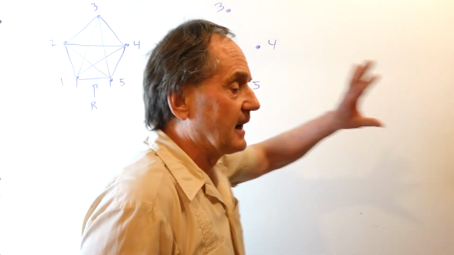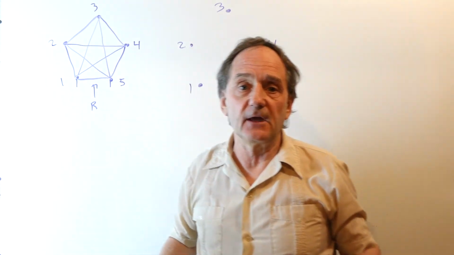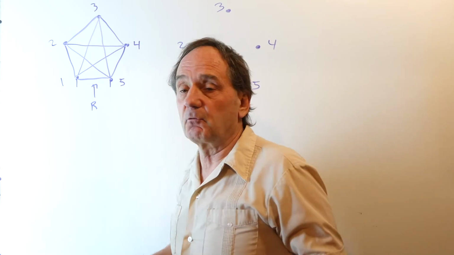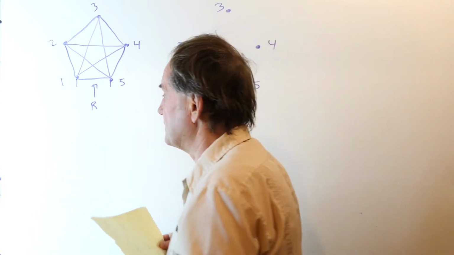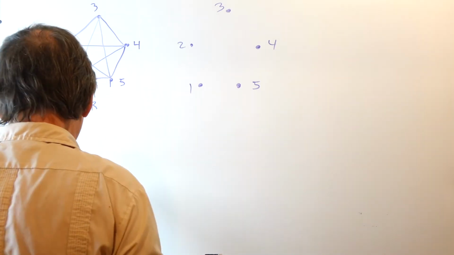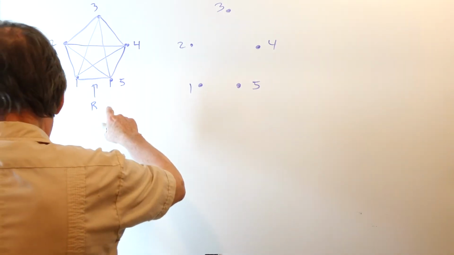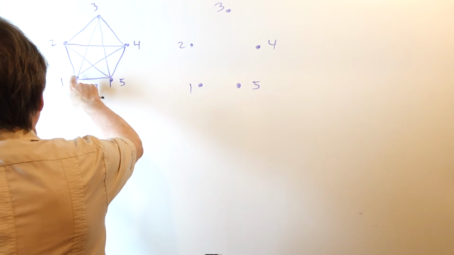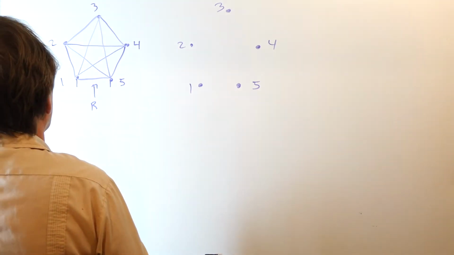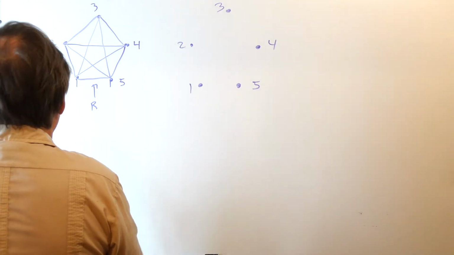In any of these types of networks, we can use Y delta, delta Y conversions to simplify the network and find equivalent circuits and reduce it down to something that we can easily solve. Now, I am going to look at nodes 1, 2, and 4 and do a delta to Y conversion.